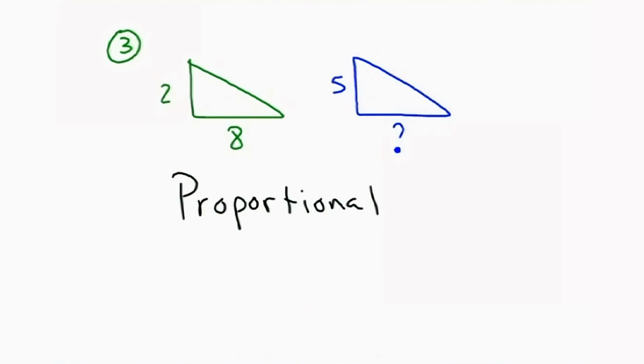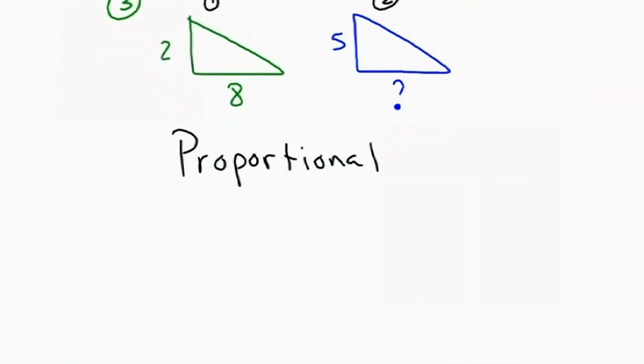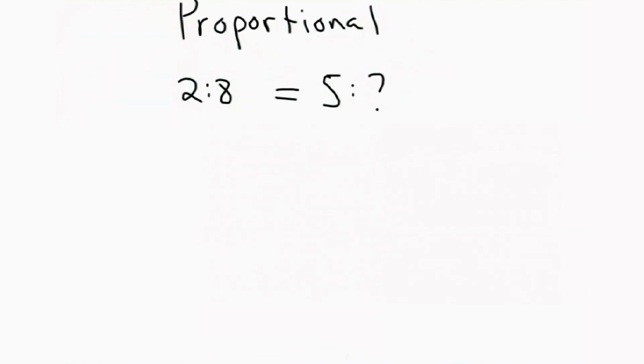If I tell you that triangle 1 is proportional to triangle 2, then that means we have that 2 to 8 is going to be equal to, and if this is the vertical side here, the 2 corresponds with the 5, so 2 to 8 is equal to 5 to what? We could also represent it as a fraction, with the first thing in the ratio being the numerator and the second thing the denominator.